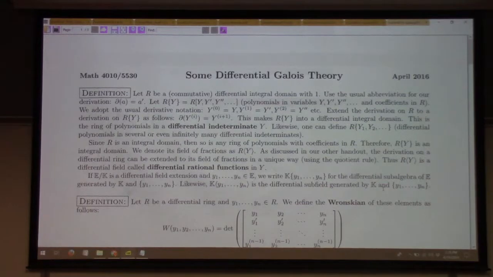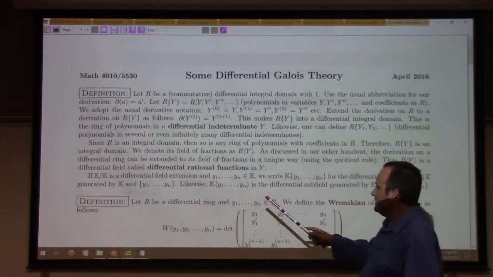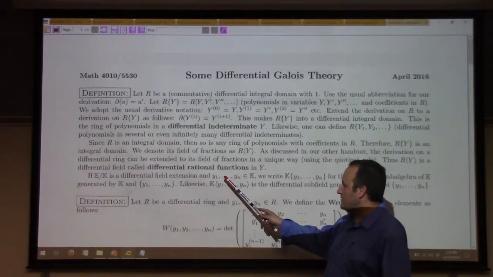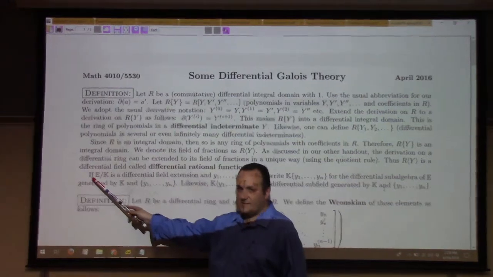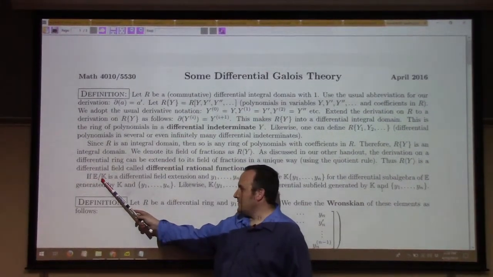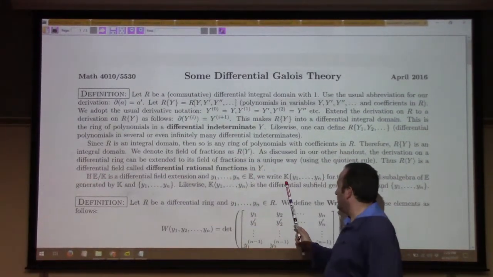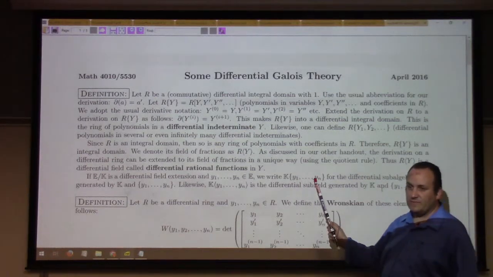So if E is a differential field extension, maybe it's possible to write it as the base field K with the derivatives of a certain number of variables adjoined.